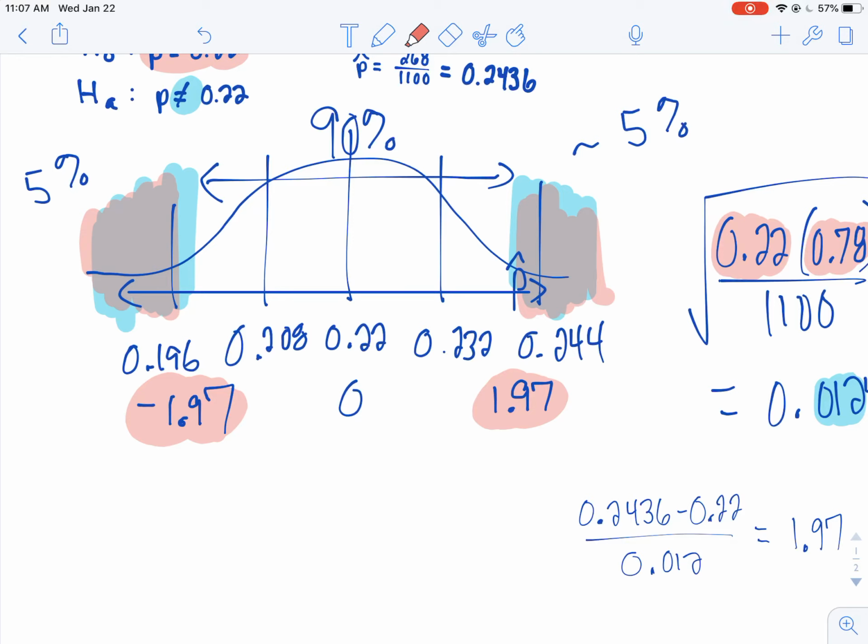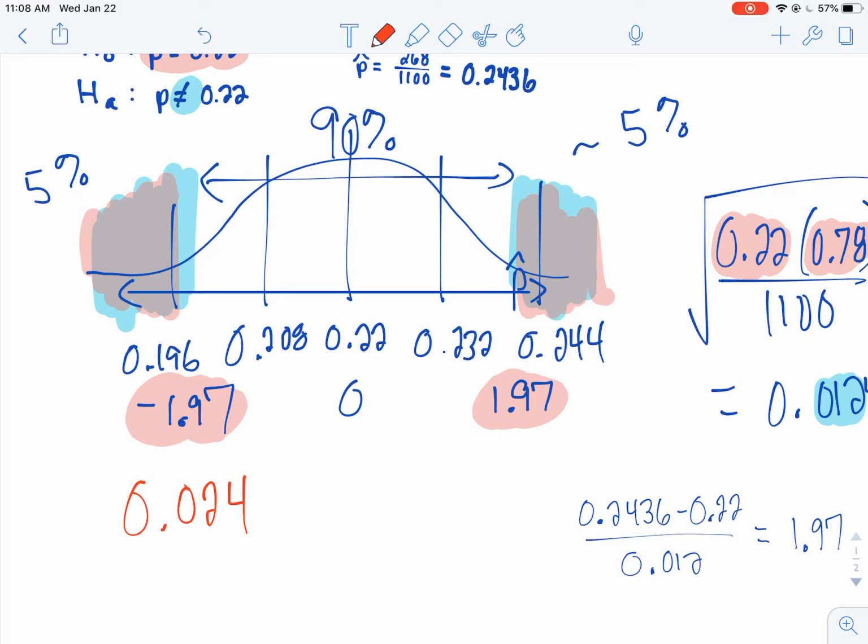Now I want to find out the probability that I could get something less than 1.97. So I'm going to use, let's see, norm CDF. Recommend you would do the same here. I'm doing this based on z-scores. And I get here 0.024.